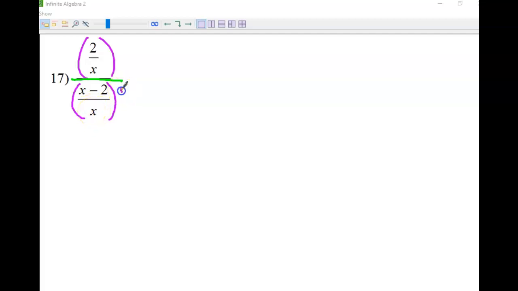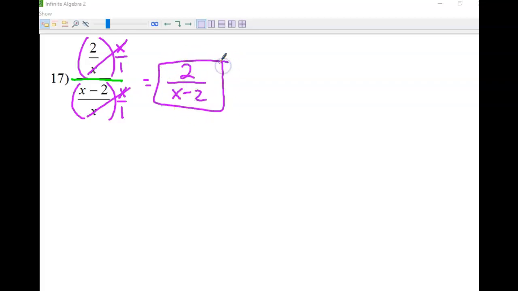The way we're going to get rid of that is by multiplying this fraction on the bottom by x over 1, and they cancel. But whatever I do to the bottom of this big fraction, I have to do to the top of this big fraction. So I have to also multiply the top fraction by x over 1, which also cancels. That's really convenient. All I'm left with then on the top is 2, and on the bottom x minus 2, and I'm done. They're not often that easy, but that one turned out to be pretty chill.